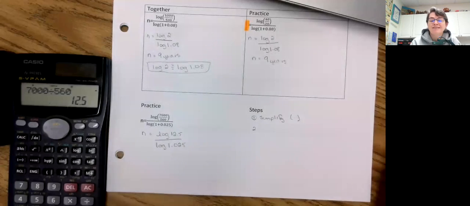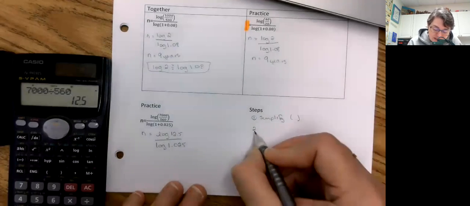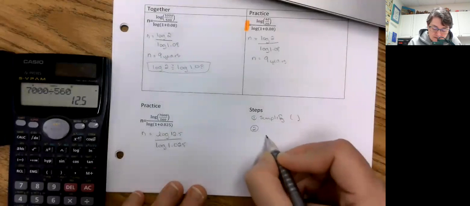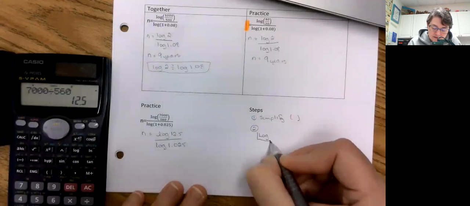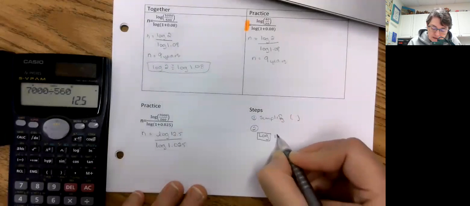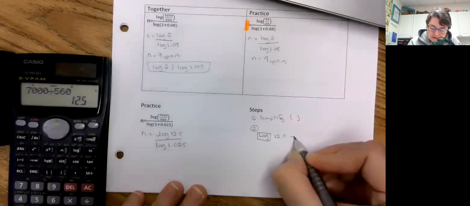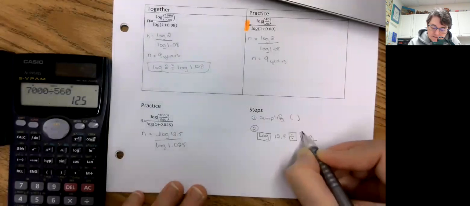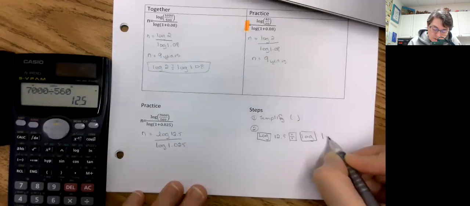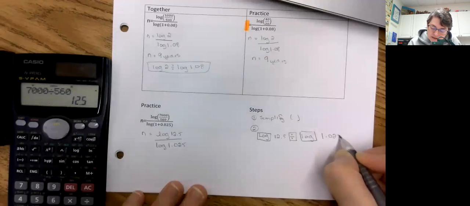Okay, so writing out steps was a great idea when they were complicated. Use your calculator. So let's put in the keystrokes. Log 12.5 divided by log 1.025.